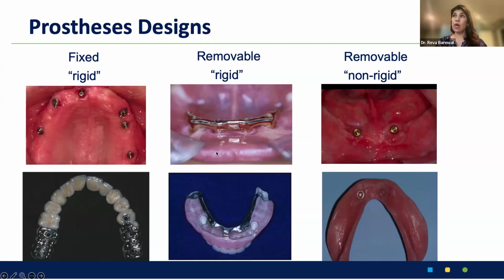Here we have something where they might have a bar in their mouth. You can take out their denture and there'd be a bar there, and this prosthesis fits on top of it. Now, this gives them stability, but not as much stability as here, right? And then here they might have implants and just a couple, no bar. And this is non-rigid, so there's more mobility in this, right?